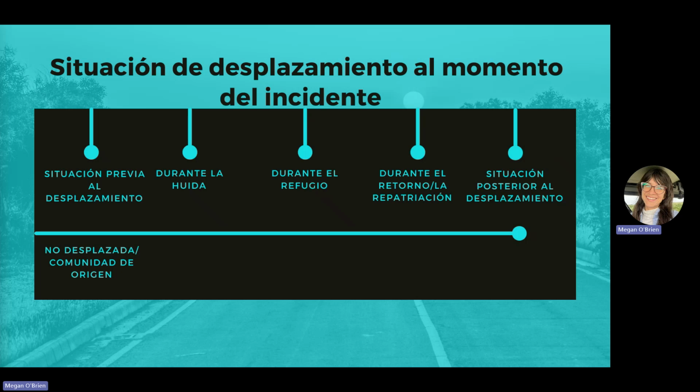So this timeline kind of visualizes what I just said, where the act of violence occurred either in their home community, so they were not displaced, or it occurred prior to displacement, during refuge, during the act of returning to their country or residence of origin, and post displacement.